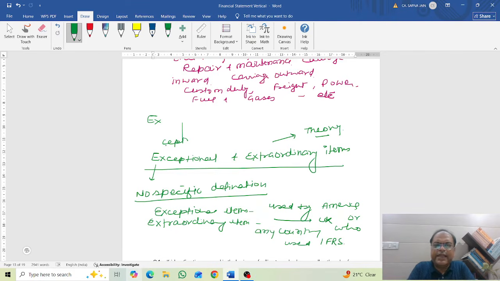That means in India, there is no very specific item covered under the extraordinary and exceptional item, because exceptional item is used by America and extraordinary item is used by the UK or any other country who opt for or use IFRS.